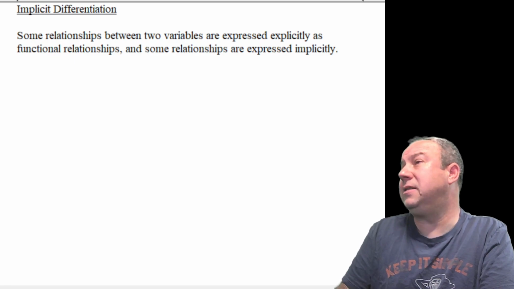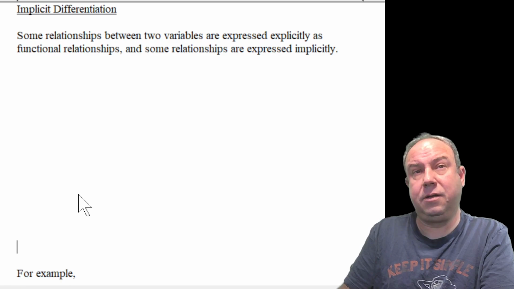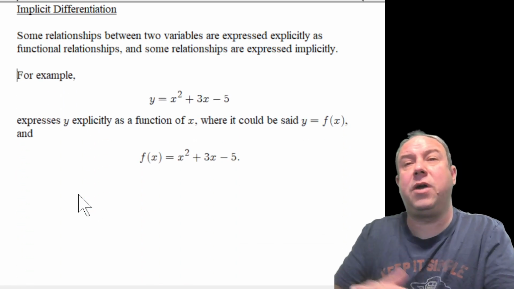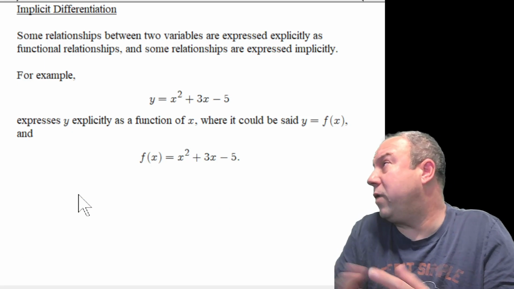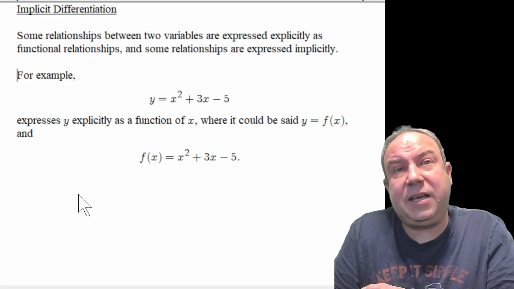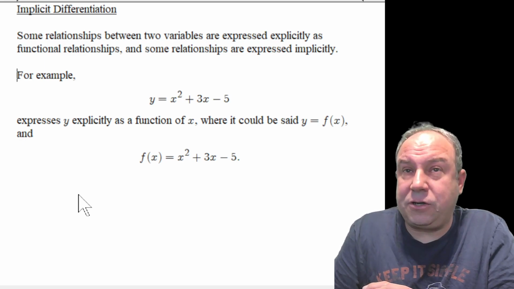What do I mean by that? Well, let me bring in some examples here. For example, y equals x squared plus 3x minus 5. Well, we recognize that as a quadratic function. And specifically here, y is being expressed explicitly as a function of x.